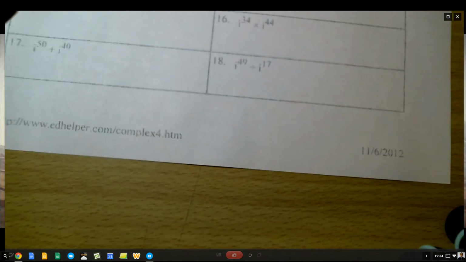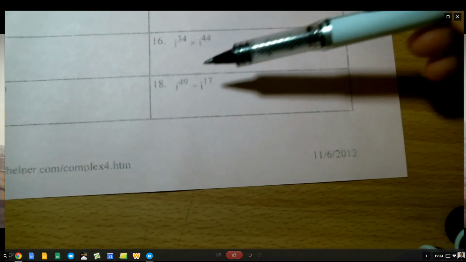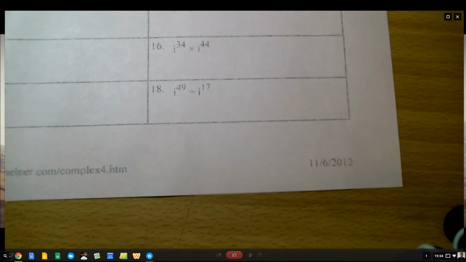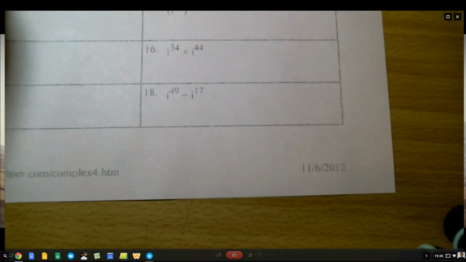And let's look at number 18. It says i to the 49th power divided by i to the 17th power.